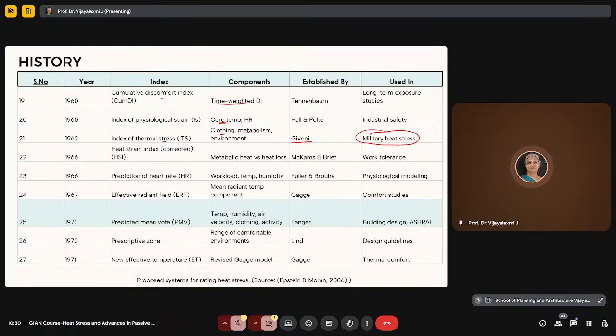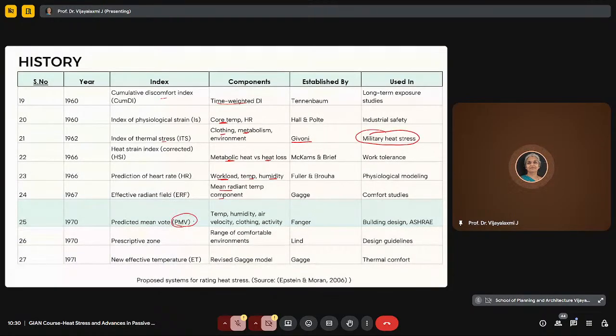Heat stress index combines metabolic heat versus heat loss. Prediction of heart rate uses what work they are doing, the intensity of workload along with temperature and humidity. And then effective radiant field uses mean radiant temperature component.